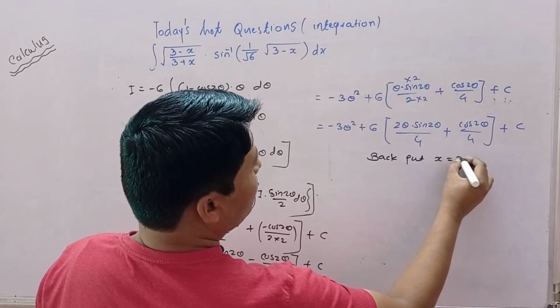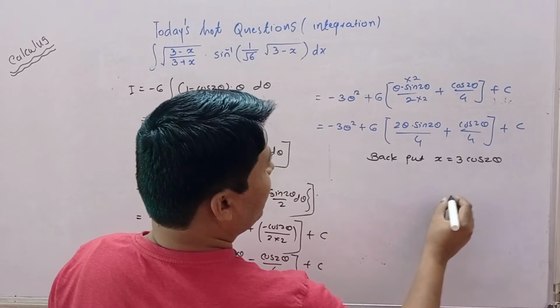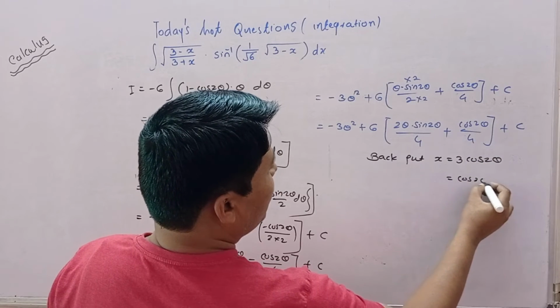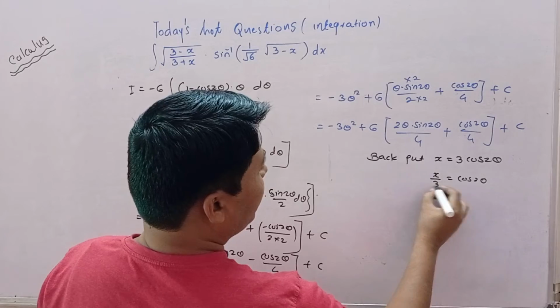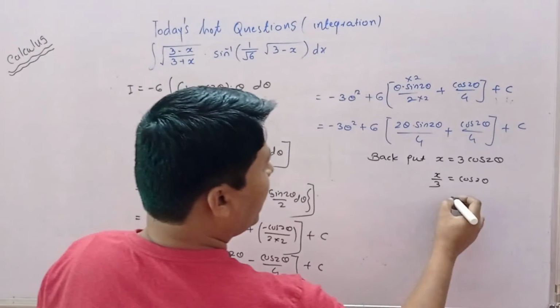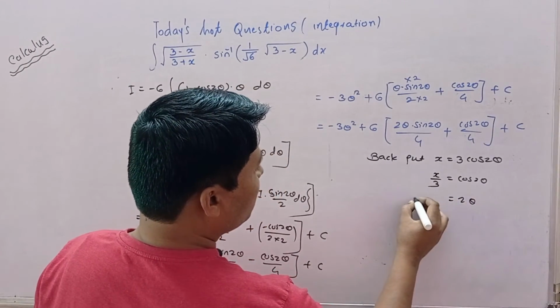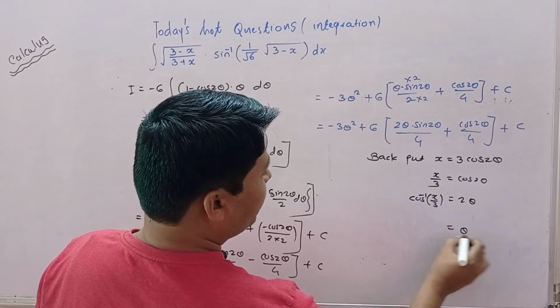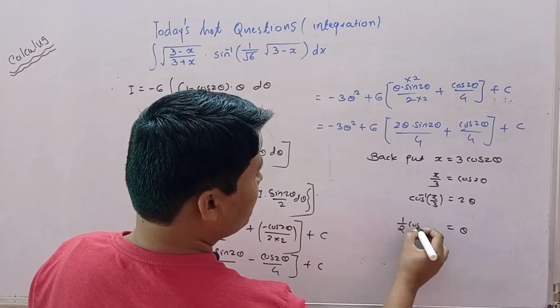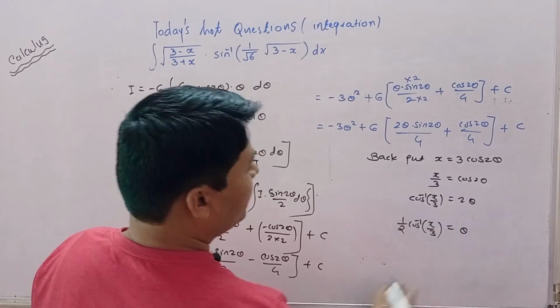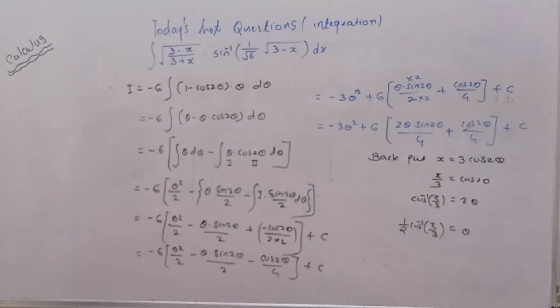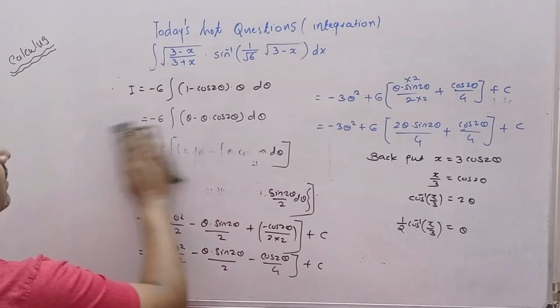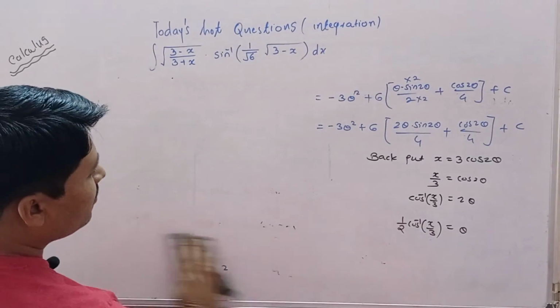Here x is equal to 3 cos 2 theta, so cos 2 theta is equal to x by 3. We also get 2 theta is equal to cos inverse x by 3, and theta is equal to 1 by 2 cos inverse x by 3. Now we can write the final solution.